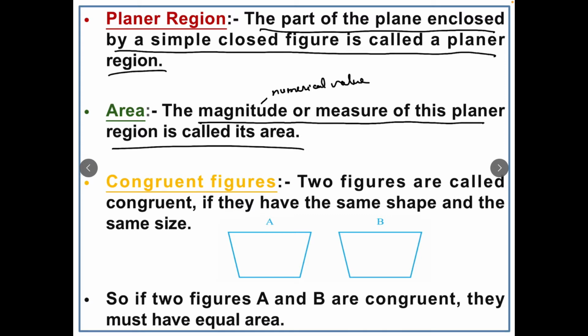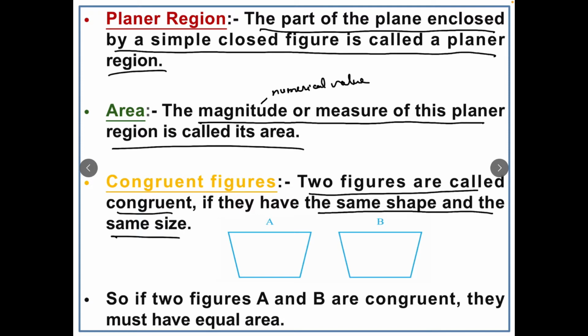Next we have congruent figures, which you have already studied in chapter number 7, Triangles. Two figures are called congruent if they have the same shape and the same size.